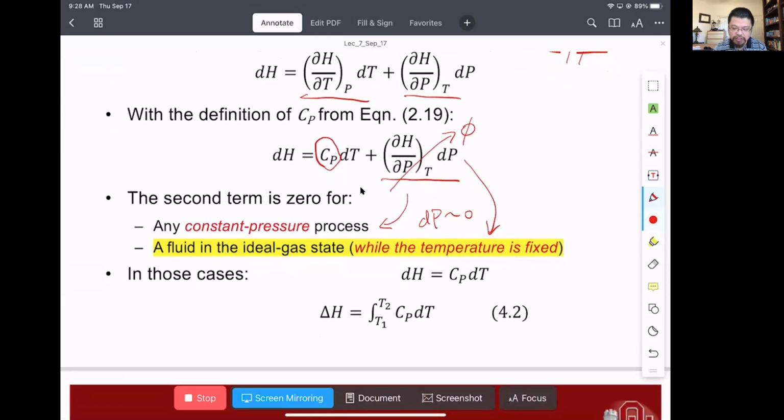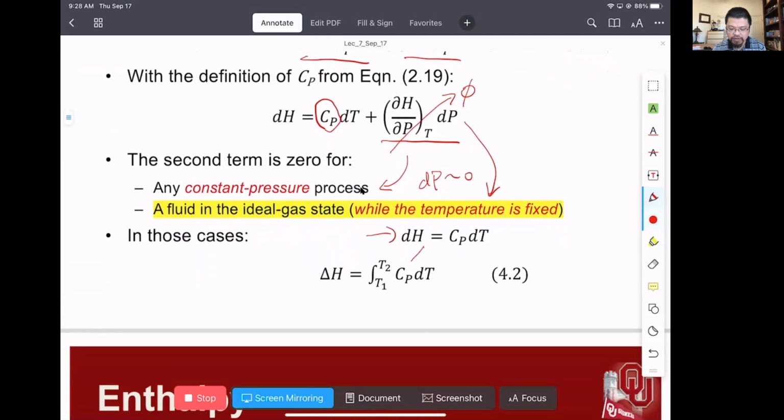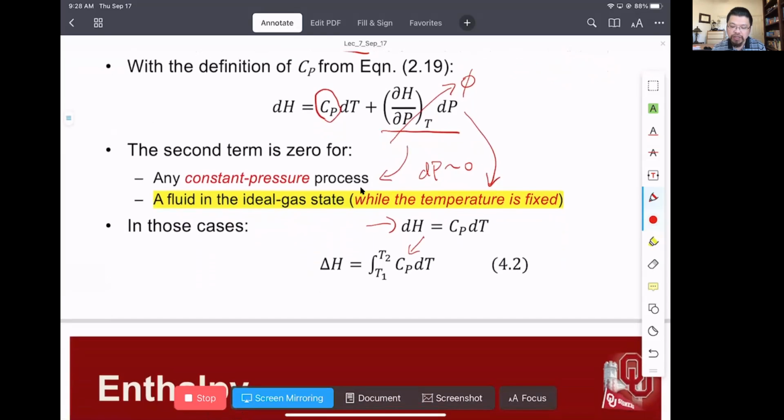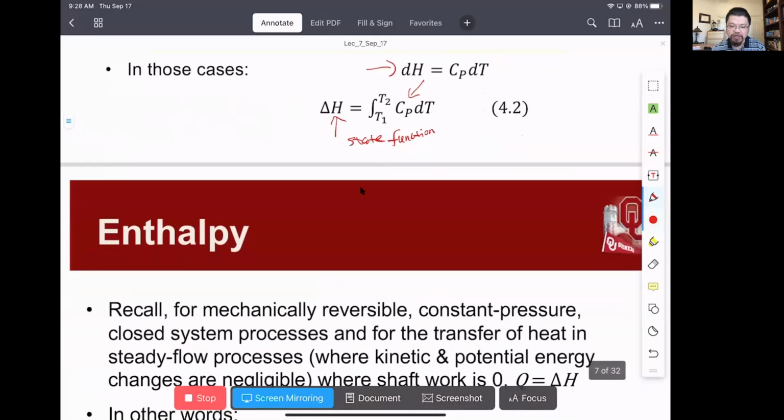So in those cases, we have a simplified equation for the enthalpy calculation, and we can, of course, take the integration to understand the change. So those would be the state function. We can take a look at the initial and final and understand the change of the system.